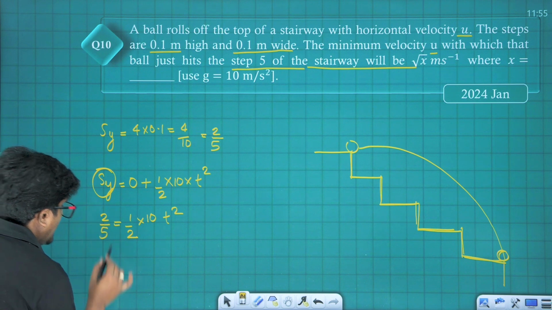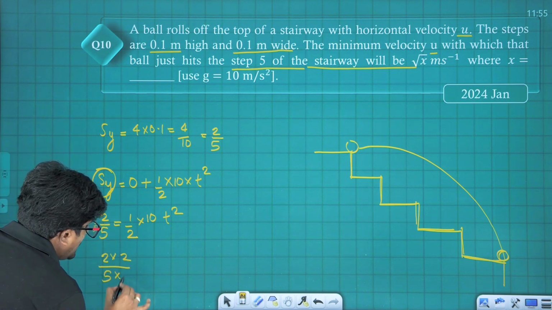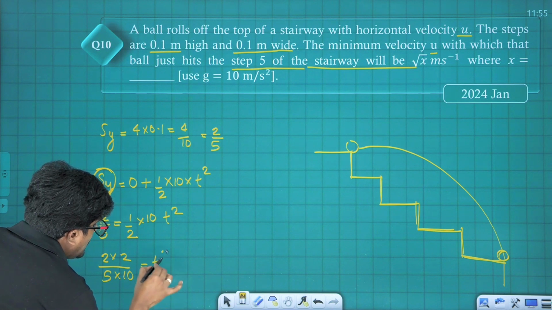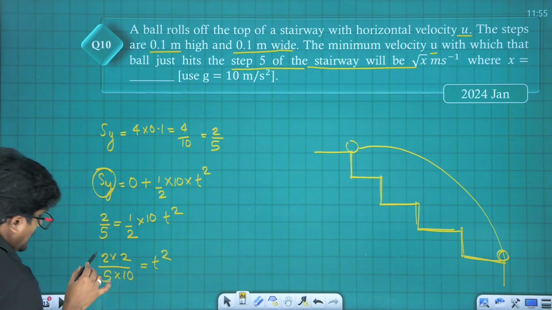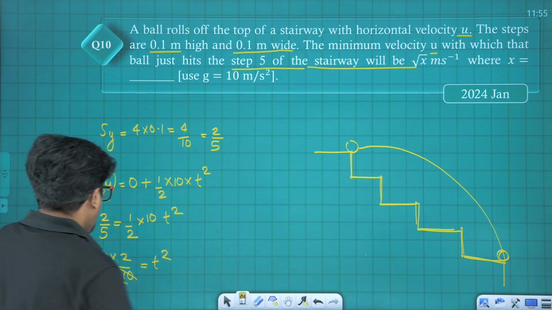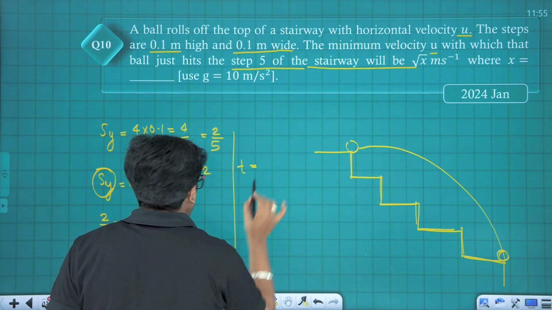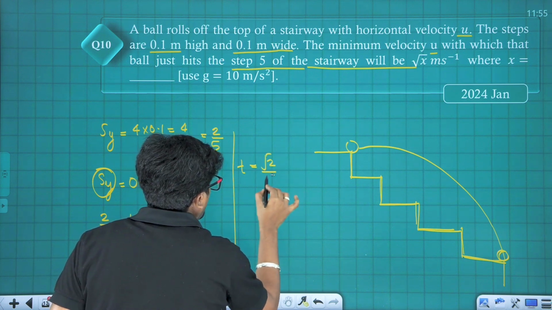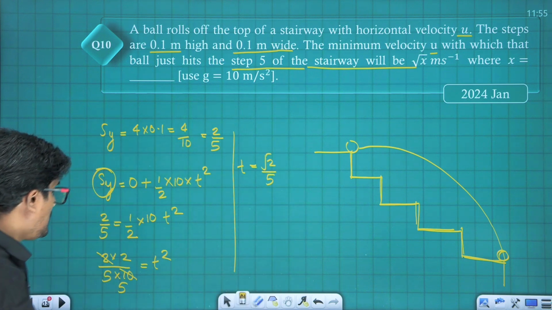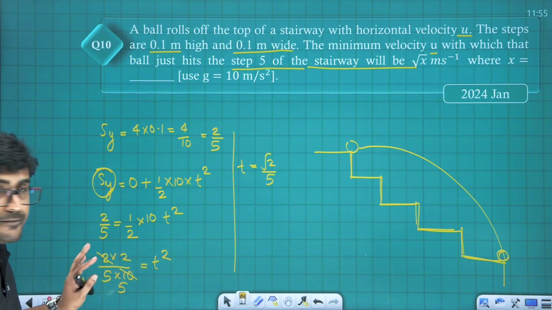Rearranging this, 2 into 2 all divided by 5 into 10 is equal to t square. This one and this one will cancel each other, this is going to be 5. So basically the time taken t is root of 2 by 5.